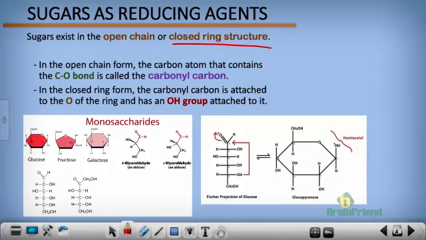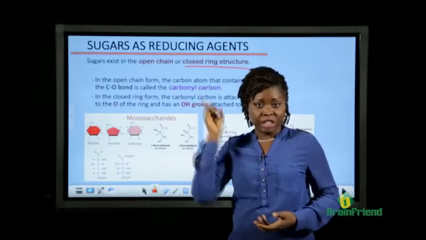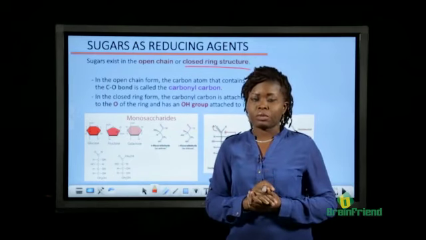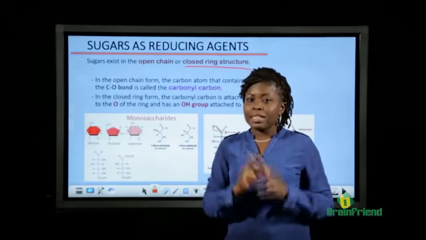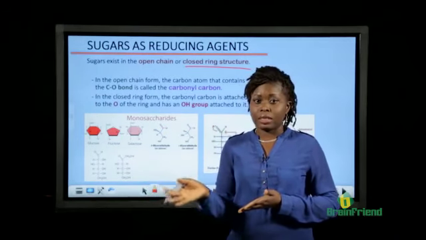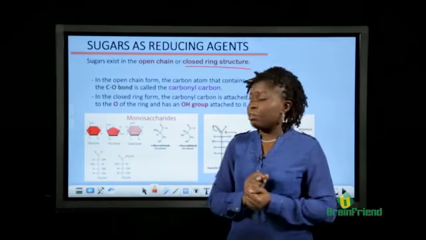This is to say that all sugars can either have an open chain form or a closed chain form. Some sugars easily exist in these two ways, while some other sugars cannot exist in the open chain form. They are stuck in a closed chain form.